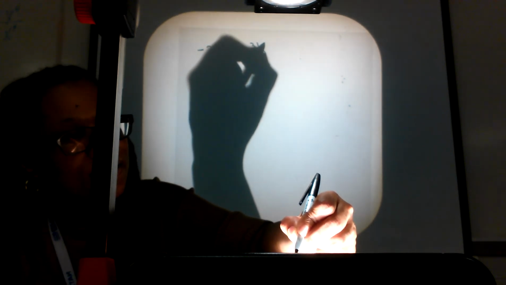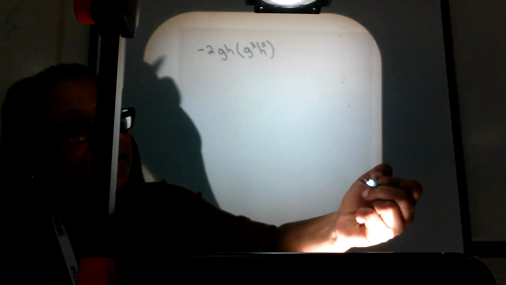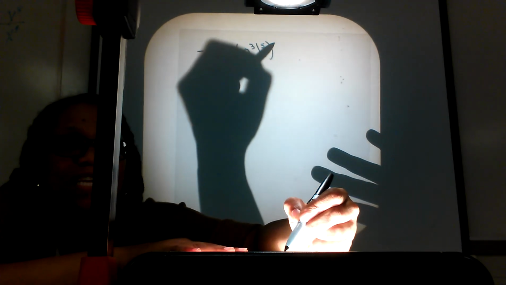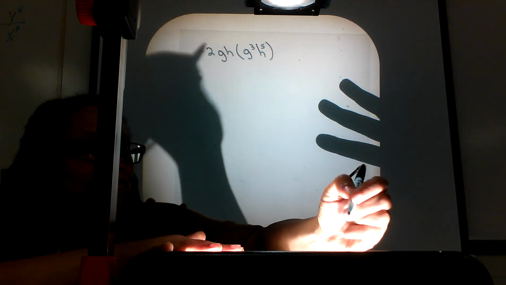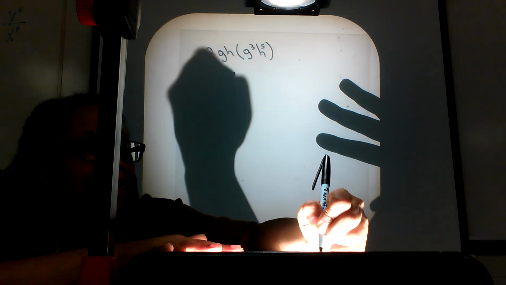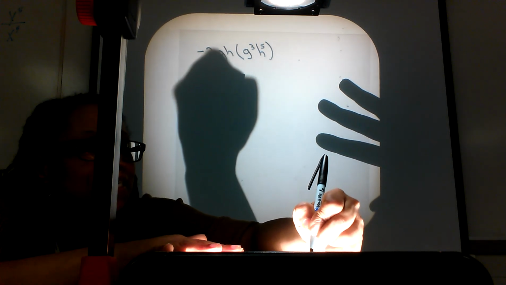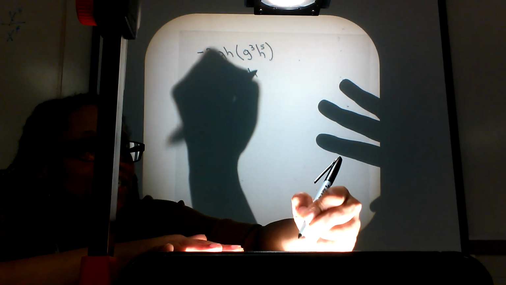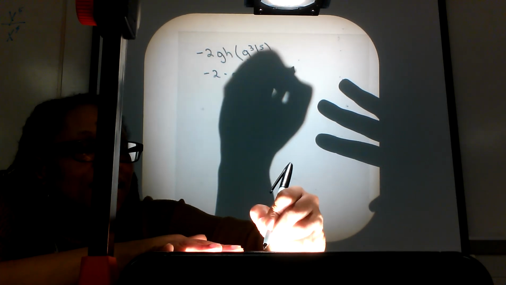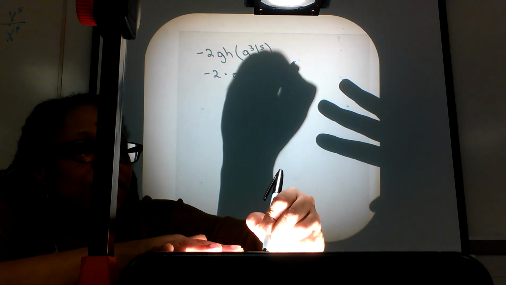Oh, okay. All right, this is multiplication. It's not raised to any exponent on the outside, correct? Mm-hmm. So I have -2 times G times H times G to the third times H to the fifth, right?